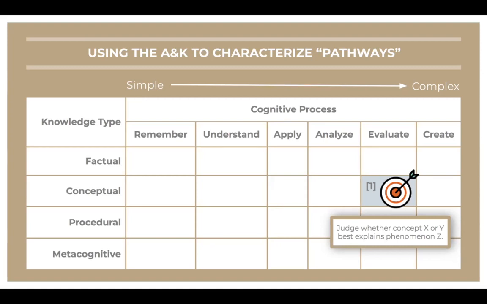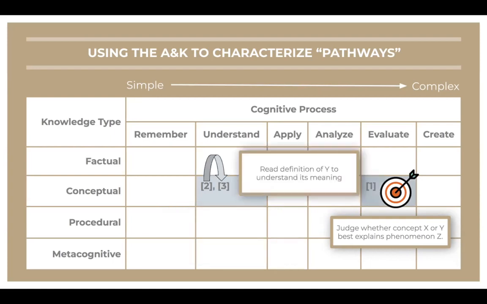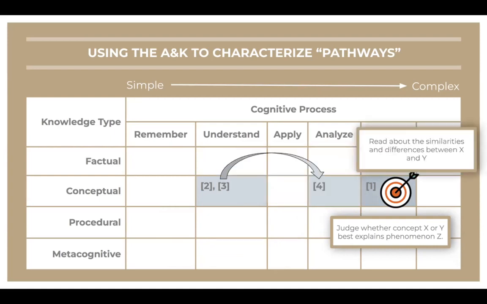And so what they might do is they might go and keep searching and read definitions of X, right? Because they need to understand X better. Then they might say, okay, now I need to look at definitions of Y. Then they might say, I don't understand the differences between X and Y. And so they go to a page where they look at similarities and differences between X and Y. Then they realize that they still don't understand Y well.